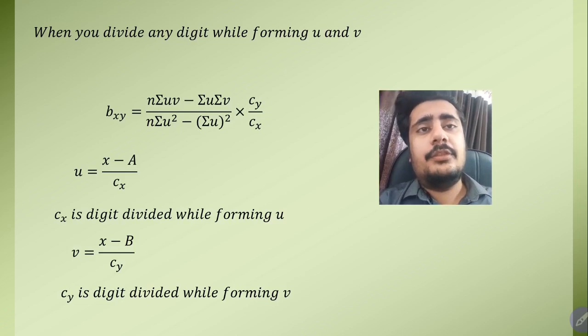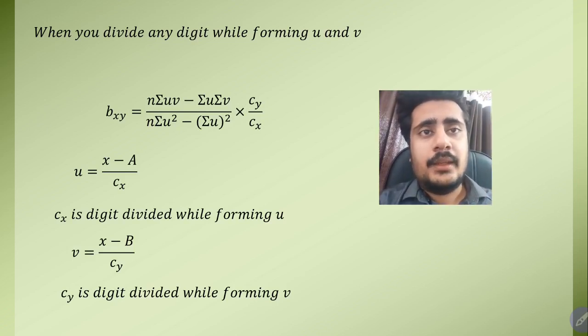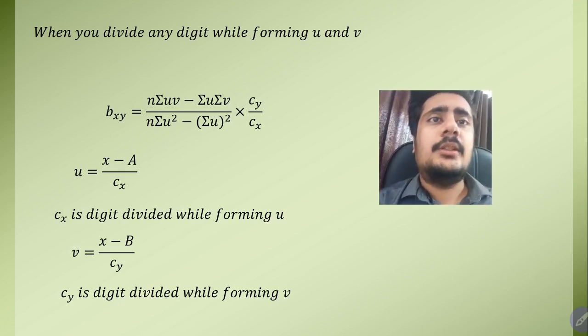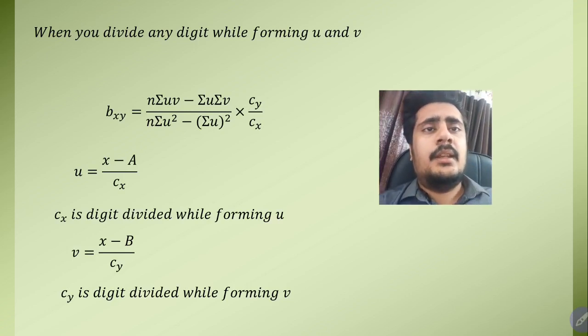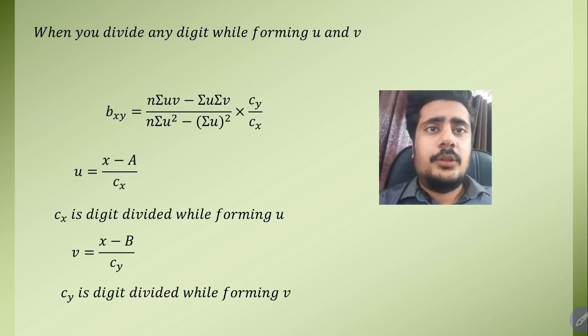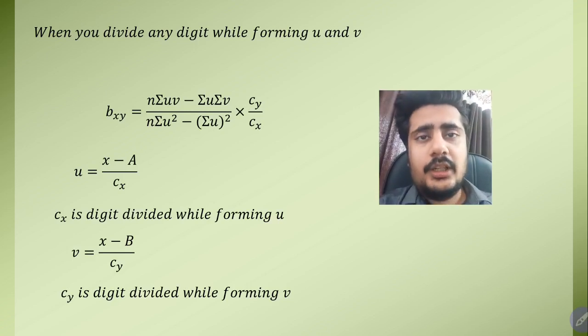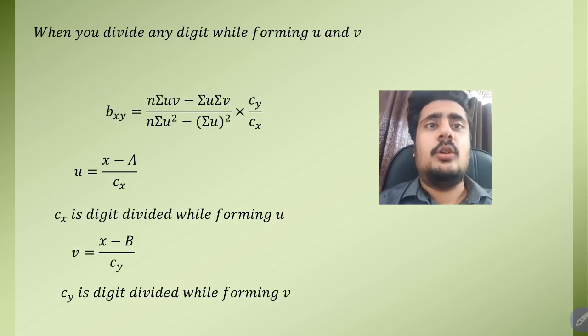Say for example, if in the question the digits are in hundreds, 200, 300, and you solve with the xy formula, then your calculation might be quite difficult and cumbersome. So you will convert those x and y into u and v, and by subtracting a digit, all the numbers get small.